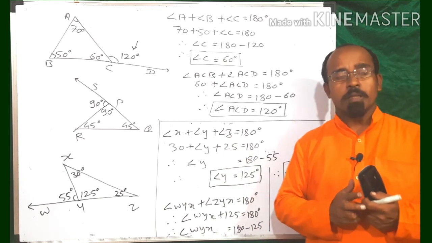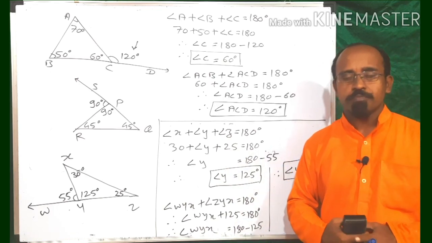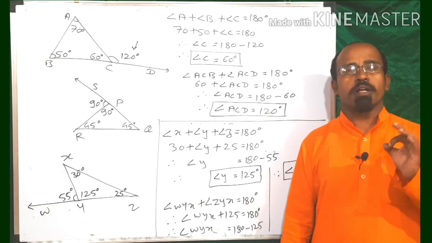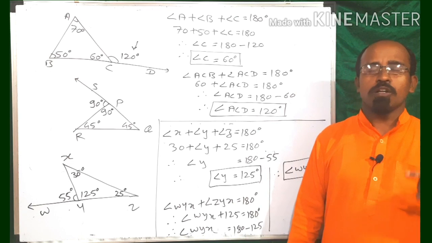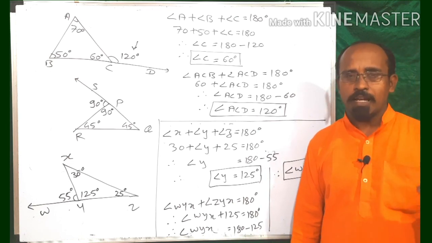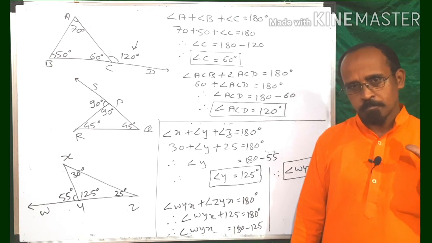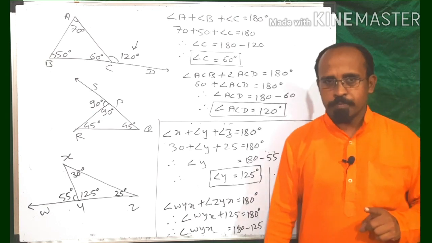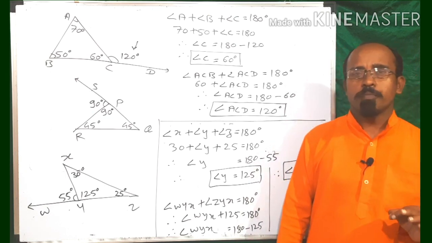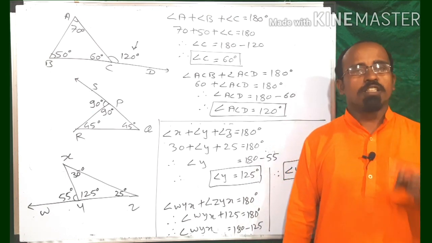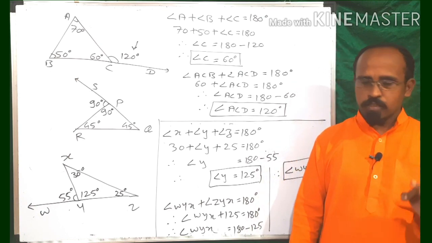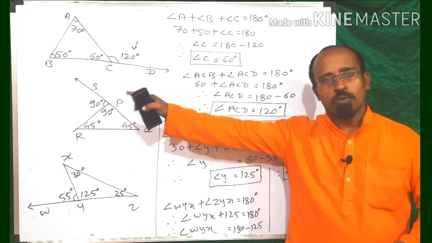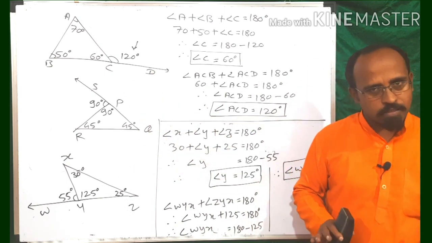So the pattern or the rule is: the measurement of an exterior angle is equal to the addition of the remote interior angles of the triangle. Once again I am repeating, the measurement of an exterior angle is equal to the addition of the interior angles of the triangle which are not adjacent to that exterior angle.